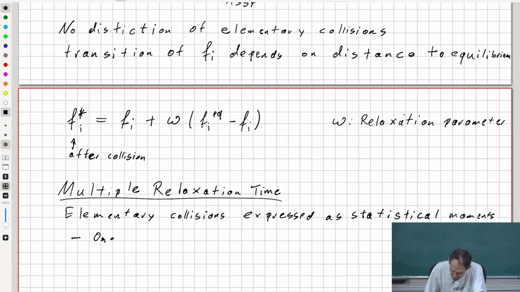And this gives us the opportunity to use one independent relaxation parameter for each moment.